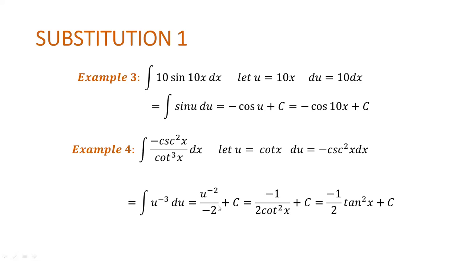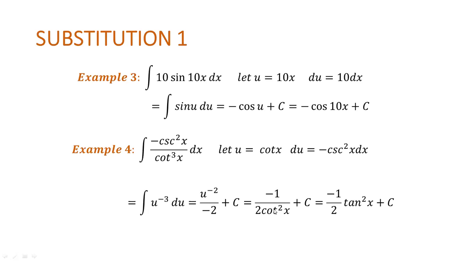So what will happen is this. Cotangent of x raised to negative 3 plus 1 would be cotangent of x raised to negative 2, over negative 2. So in this case, you have negative 1/2, and this cotangent squared of x in the denominator is now written as tangent squared of x because the tangent and cotangent functions are reciprocals of each other.